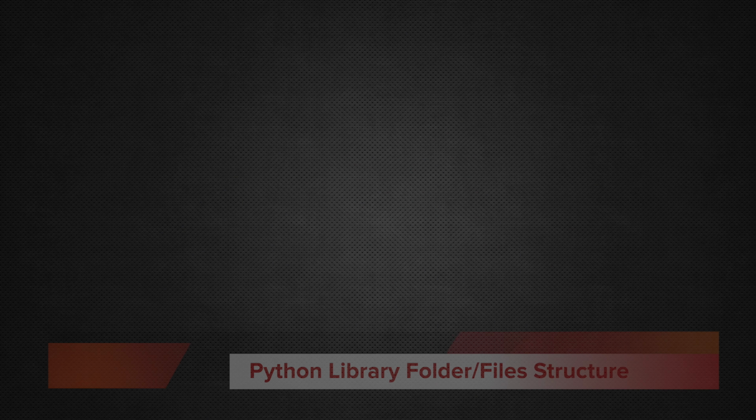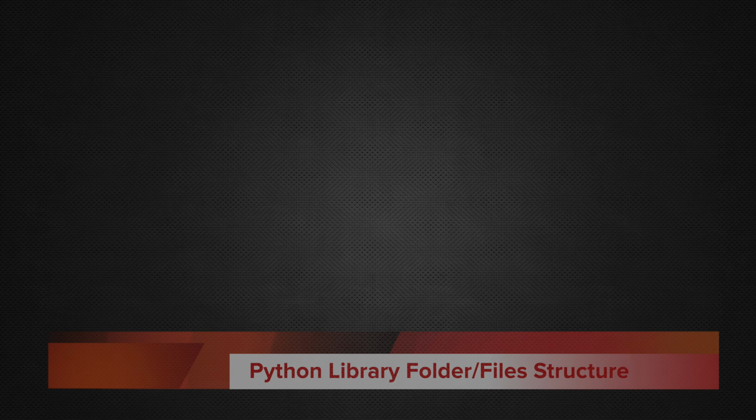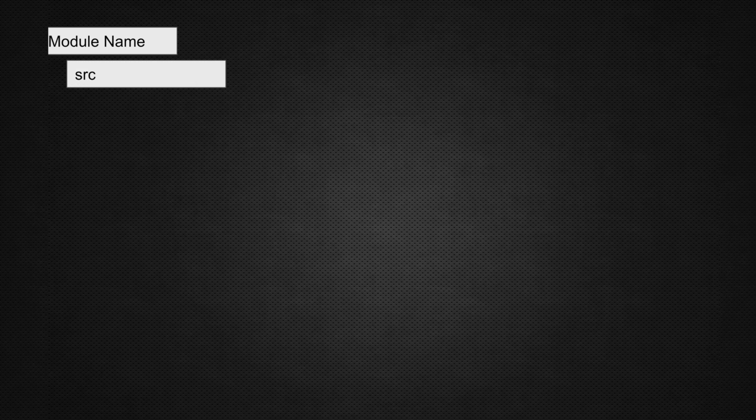Before we create our Python module, let's learn what the structure for our Python module will be, whether you are creating a very simple module or a very large one. The structure has to be the same. First you define your module name, and within the module name you use the src or source directory, where everything related to the module code is going to be.